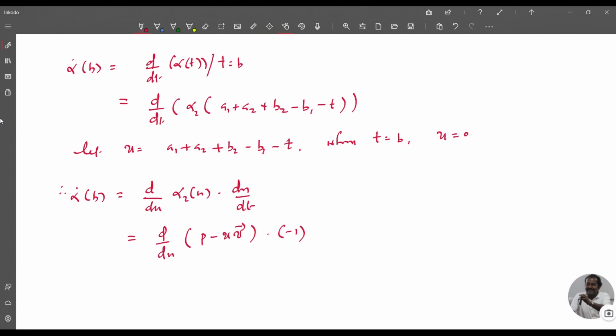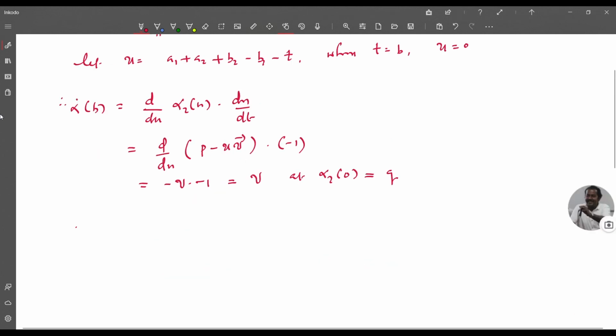So this is minus V into minus 1. So this is V. This is acting at alpha 2 of 0, because when t is B, U is 0. So at alpha 2 of 0, you know that alpha 2 of 0 is Q. Therefore, alpha dot of B is QB.